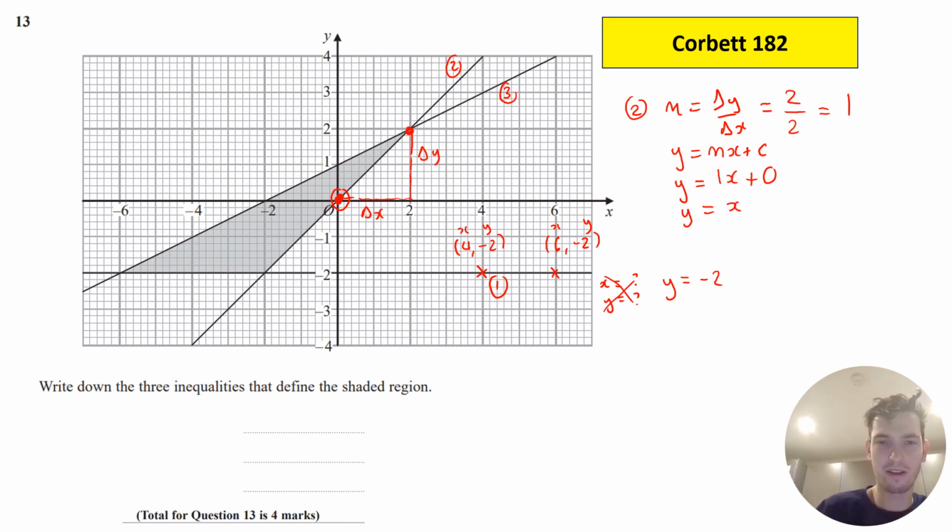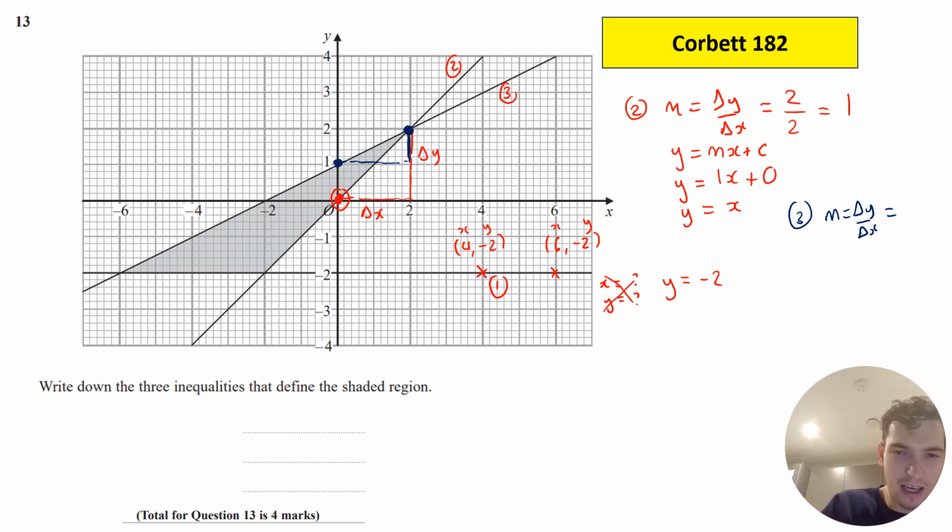Okay, same thing with 3, so let's change pen color with 3. Let's pick 2 points. Let's pick this one here and this one here. So this is 3. So my gradient, change in y over change in x.